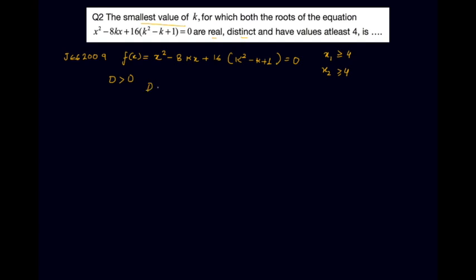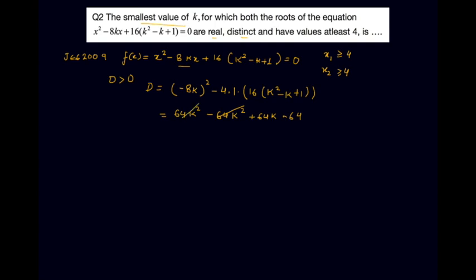And the discriminant of this quadratic equation is the coefficient of x square minus 4 times the coefficient of x square, that is 1, multiplied by the constant term 16 k square minus k plus 1, equals to 64k square minus 64k square plus 64k minus 64.